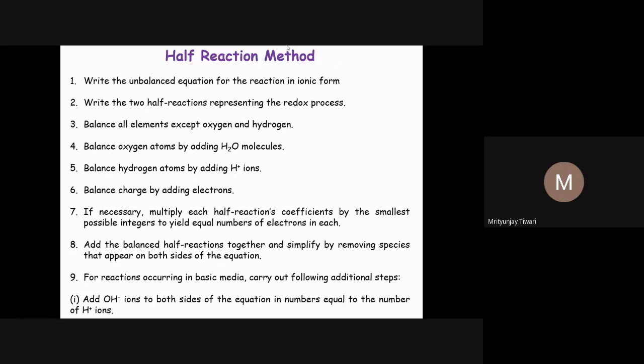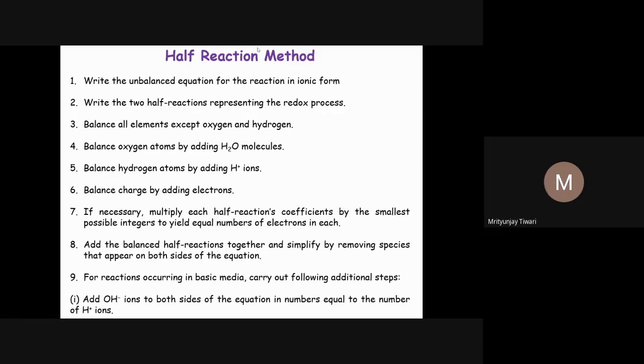Then you balance each half separately, and finally add these two reactions. Whatever is common on both the right hand side and left hand side, you cancel out, and the rest that is left over is your balanced redox reaction.